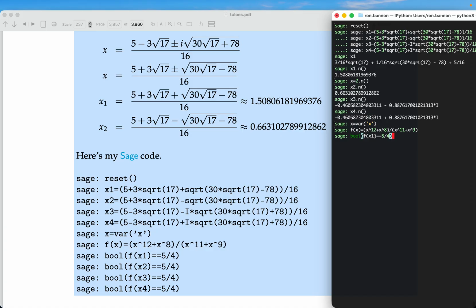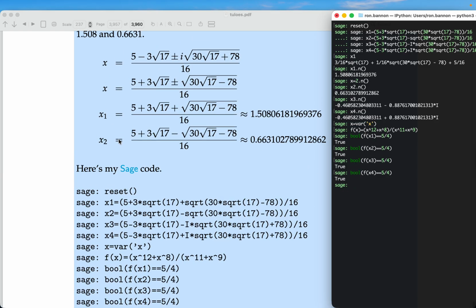Now, this is either going to be true or false, but Sage sometimes has a hard time with the arithmetic. It has no trouble. It says it's true. Now, let's try x2. Yep, true. Let's try x3. Let's try x4. All true. So our work led to correct answers.